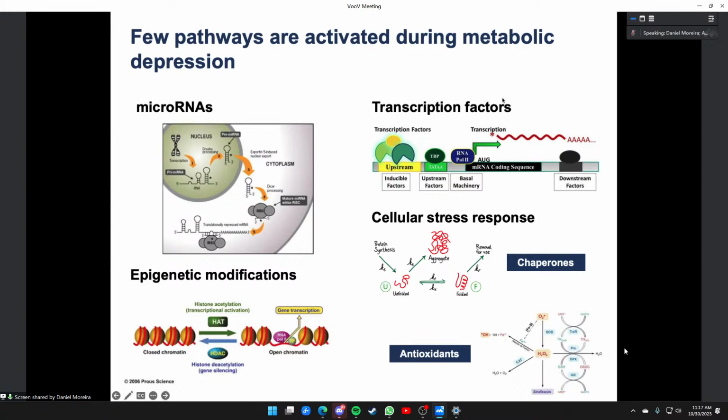On the other hand, we have the upregulation of transcription factors that drive the expression of chaperones, antioxidants, and some other pathways involved in the cellular stress response.